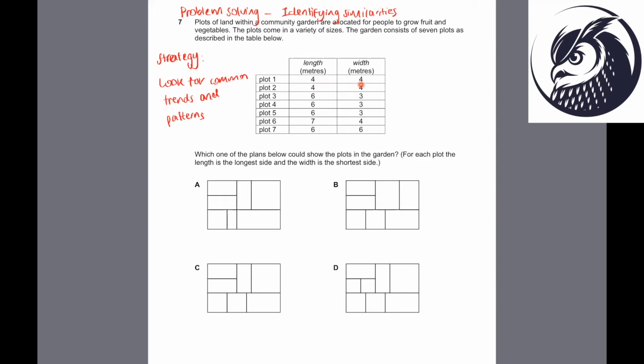Again, it has a length of 4 and a width of 4. So again, it's a square, and plot 1 and plot 2 should be the same square size. So we should look for a diagram that has 2 identical squares.